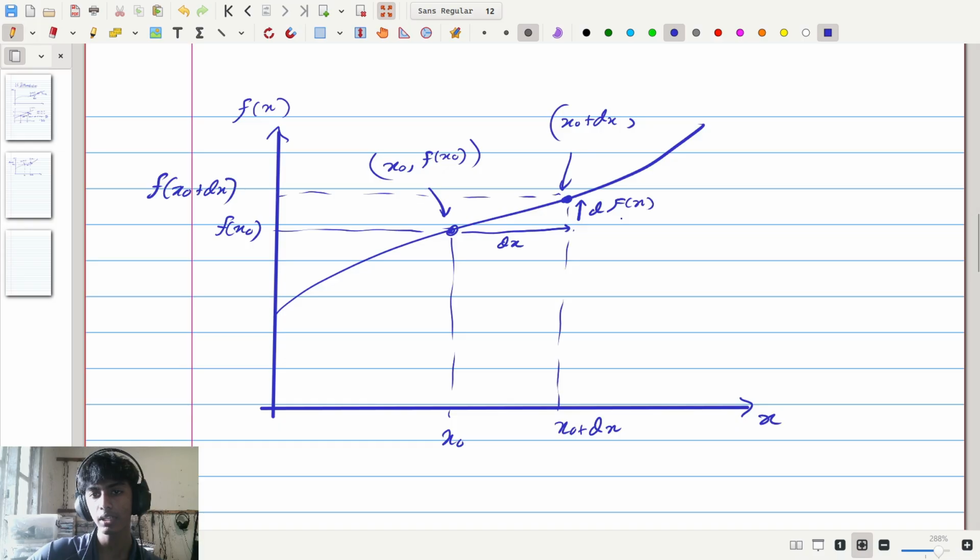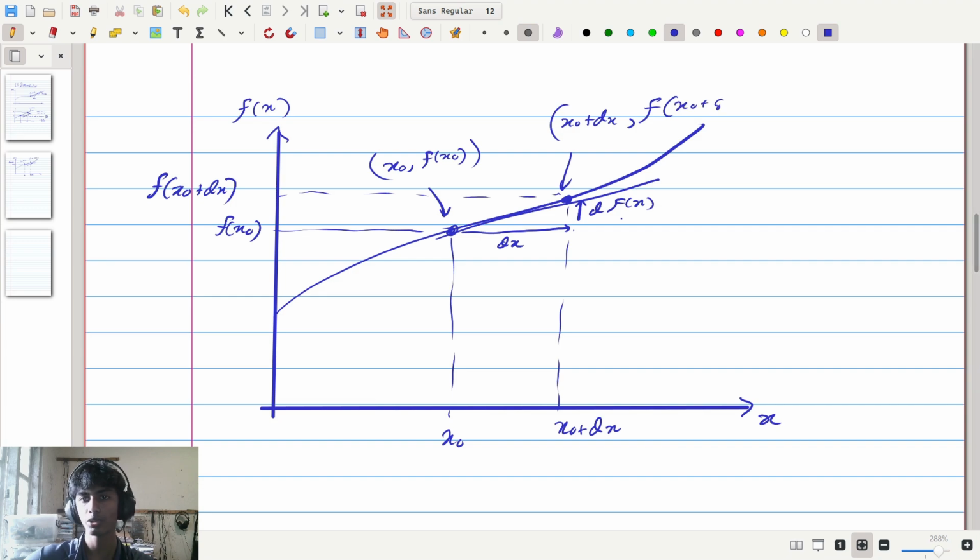This symbol here is representative of the small change of f of x that resulted from the small change of the x-axis dx. So here, if we draw this line here, the gradient of this line is the second y coordinate minus the first y coordinate divided by the second x coordinate minus the first x coordinate.